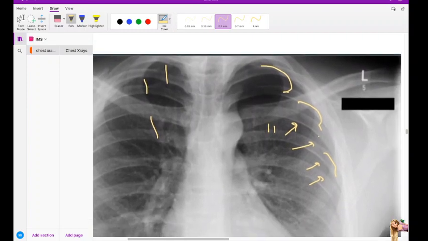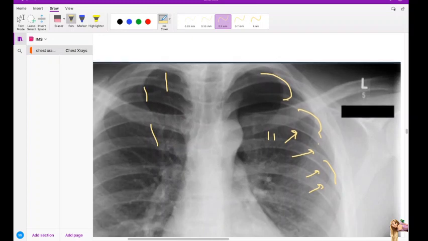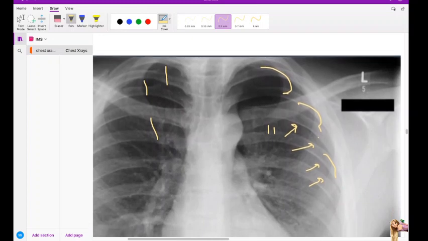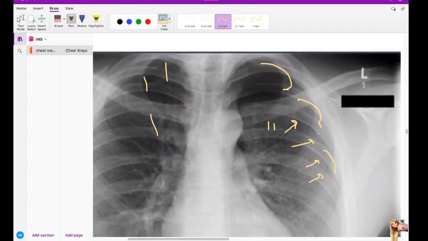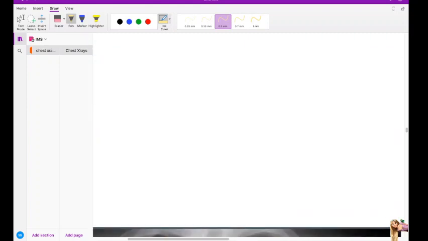In a simple pneumothorax, you'll be able to see these things. If there's a tension pneumothorax, because of so much air accumulating inside the pleura, you'll also be able to see tracheal deviation and deviation of the mediastinal structures to the opposite side.